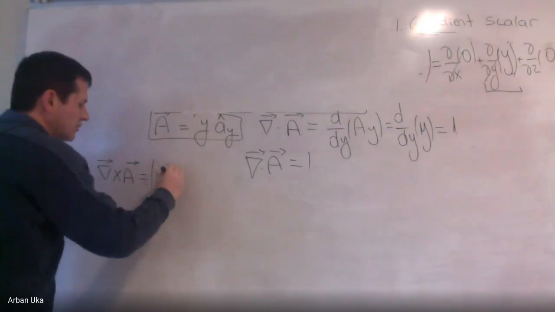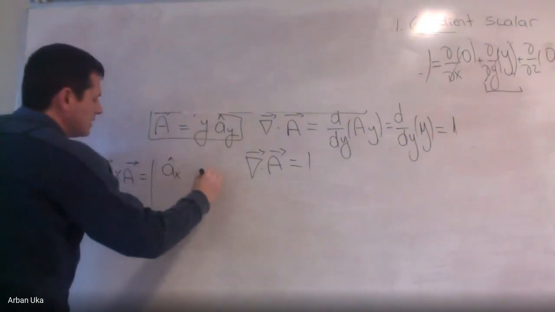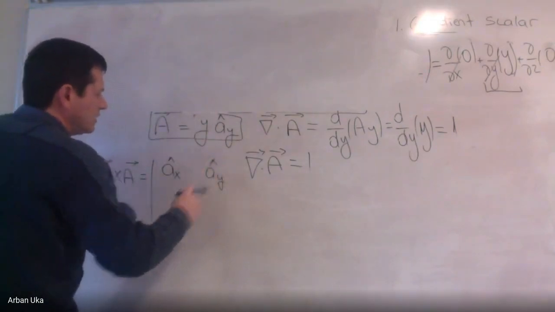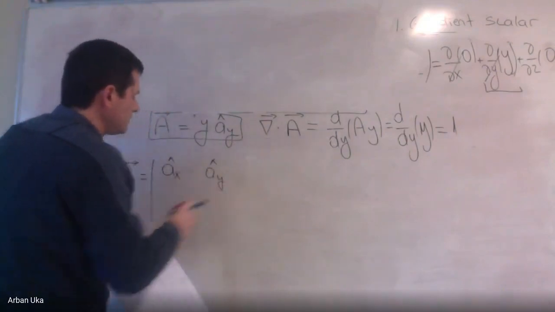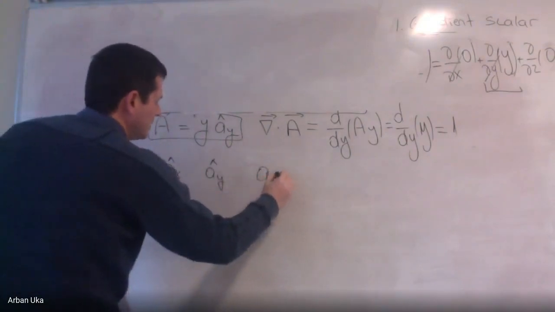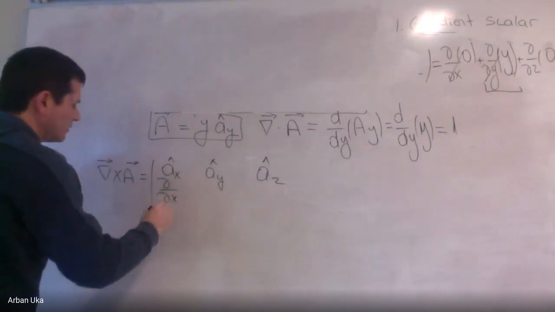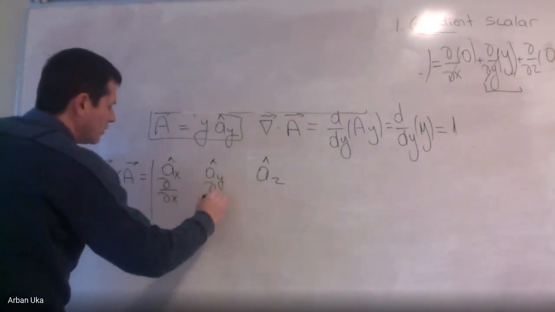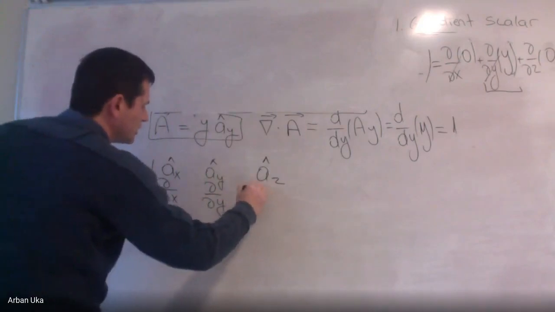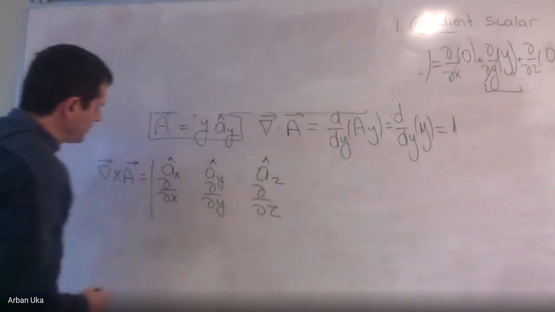So here at the top, we put AX, here we have the AY, and here we have the AZ. Here we put the del operator, because you know that the del operator has all the components that we can associate to it, they're going to be the following.